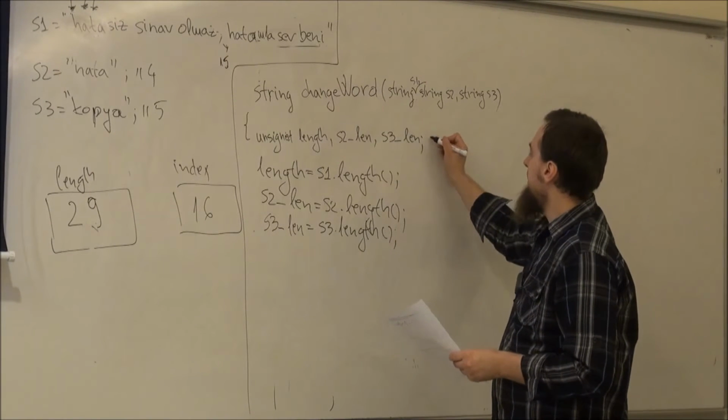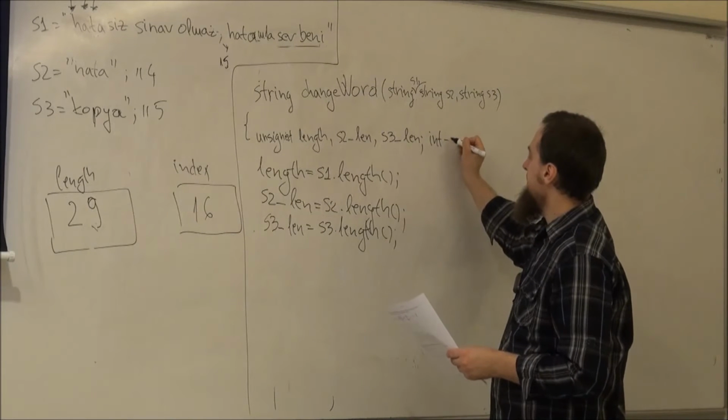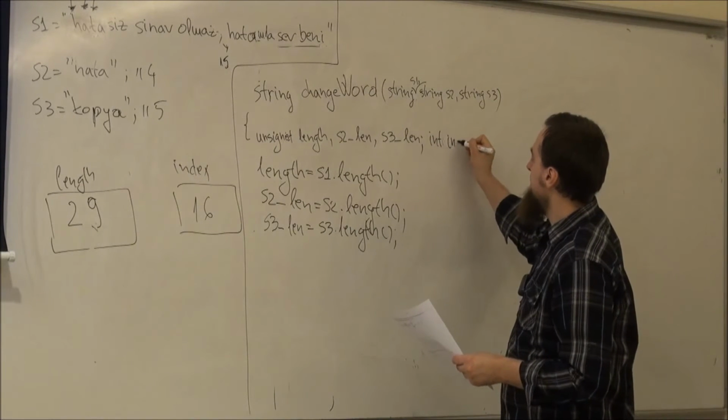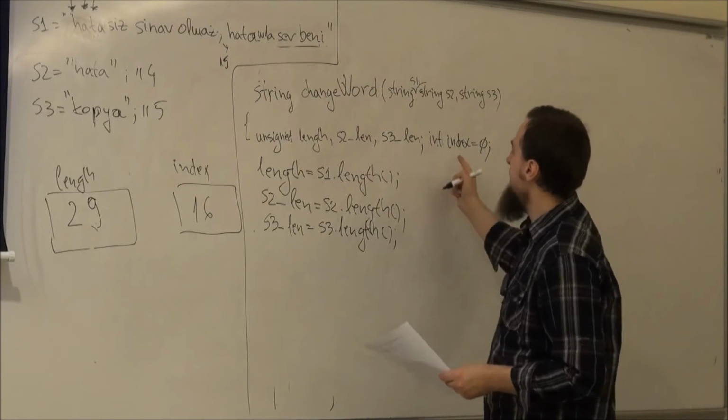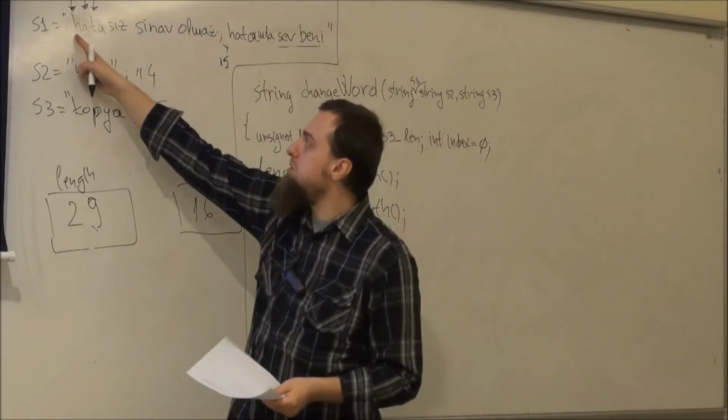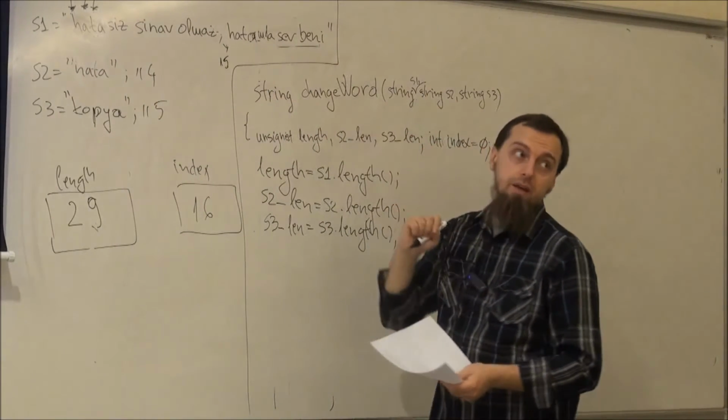Also, I declare an integer here called index, which initially is 0. I will use this index to iterate from the 0th character till the end.